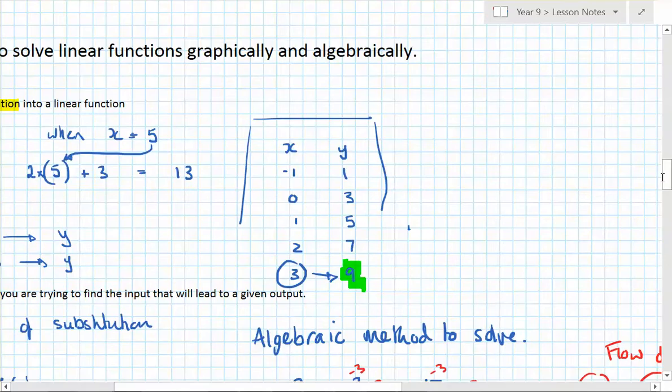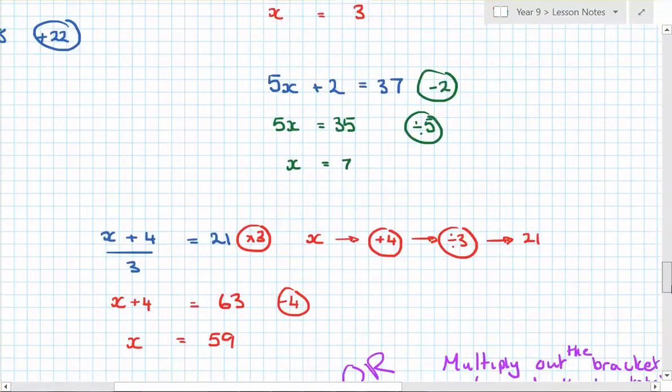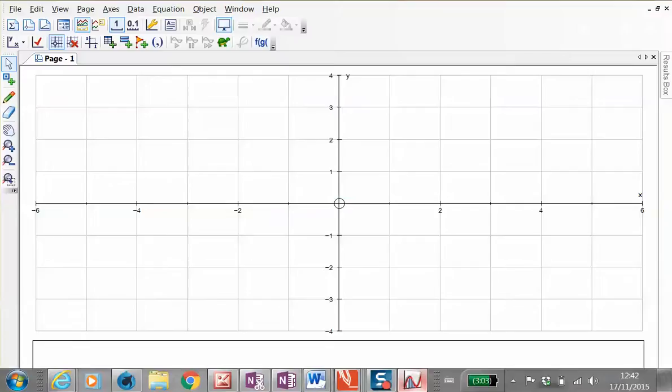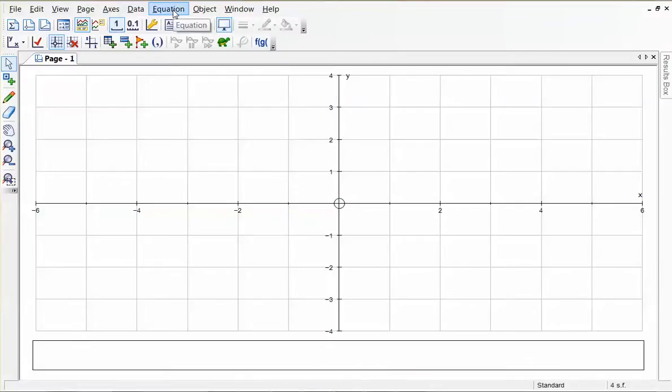So what x gives an answer of y, and what that led to, for instance, was if you have something like x plus 1, we could plot points. So if we have function y equals x plus 1, we would say when x is 0, y will be 1, because it's 0 plus 1.